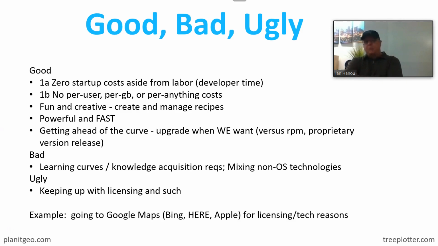You choose when you want to upgrade if you can work with the formula, work with the ingredients at that level. You don't have to wait for a proprietary version release. So you don't have to wait for the next version of Esri or Microsoft or Java or whatever it is. You can upgrade these individual libraries as they come out.